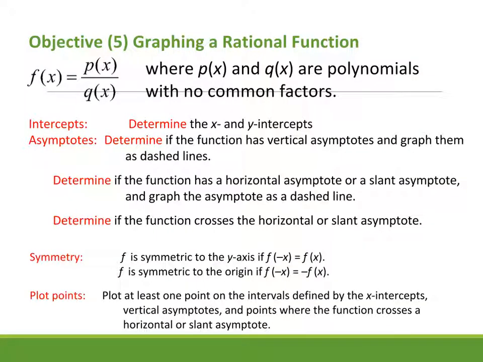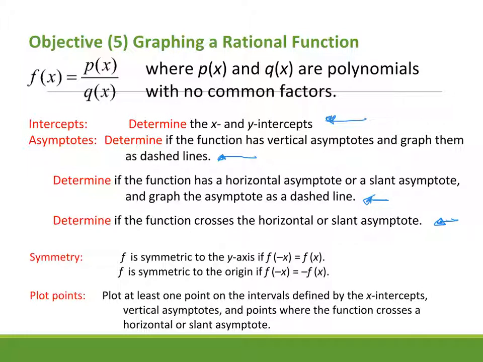So essentially we're going to be graphing rational functions where p of x and q of x are polynomials with no common factors. The first thing we want to do is always determine, guess what, x and y intercepts. And then we want to find our vertical asymptotes, then horizontal asymptotes, and then slant asymptotes.